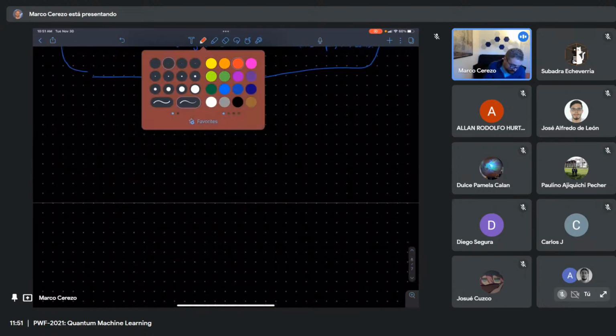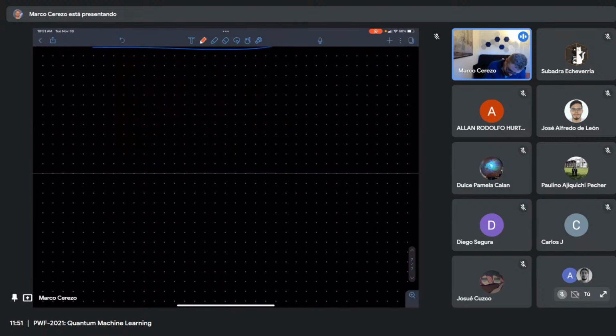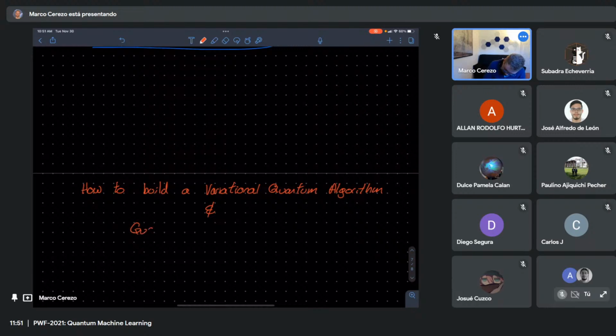So the next thing that we're going to be talking about is how to build a variational quantum algorithm, and later on, a quantum machine learning model.